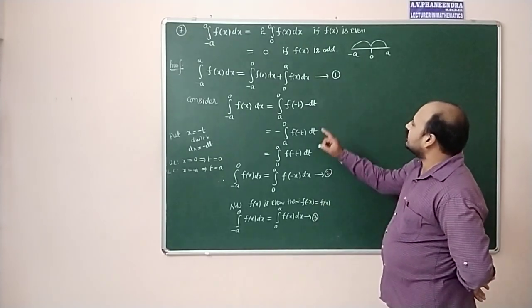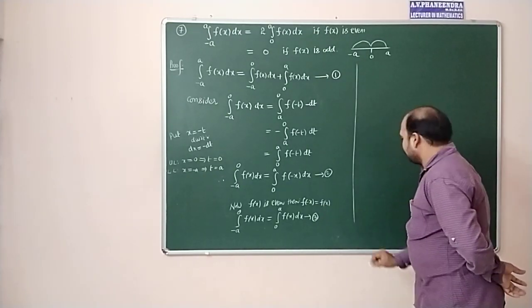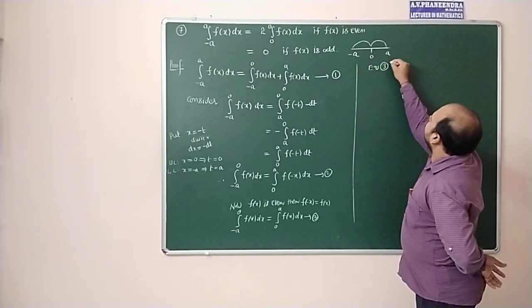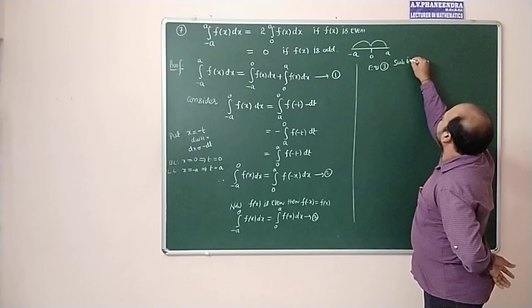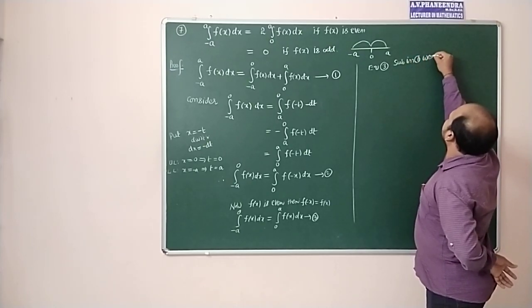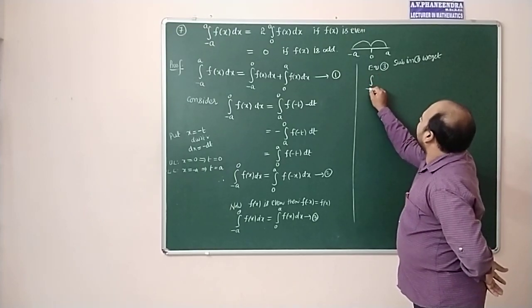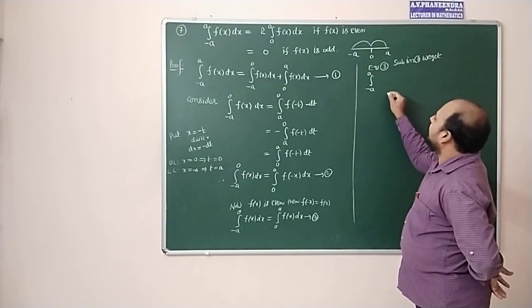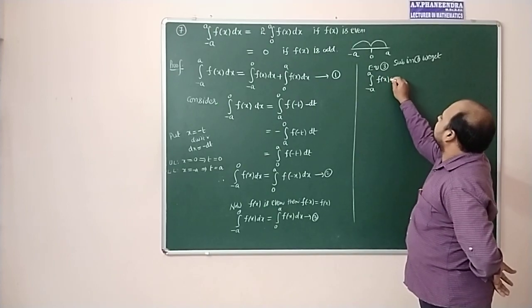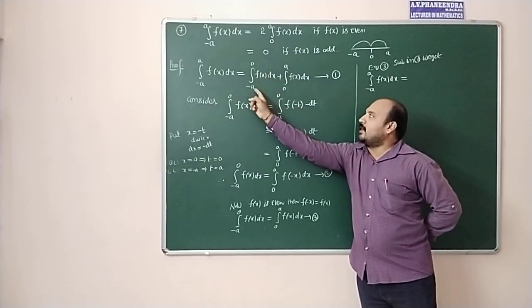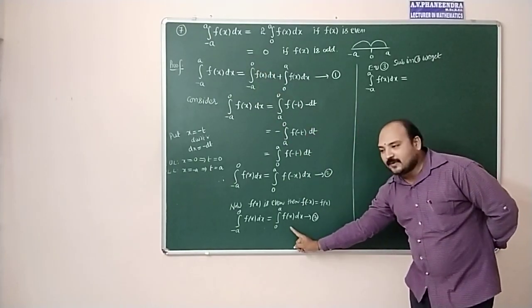Equation 3, substitute in equation 1. We get integral from minus a to a of f of x dx is equal to, in place of integral minus a to 0 of f of x dx, what do we have to replace?